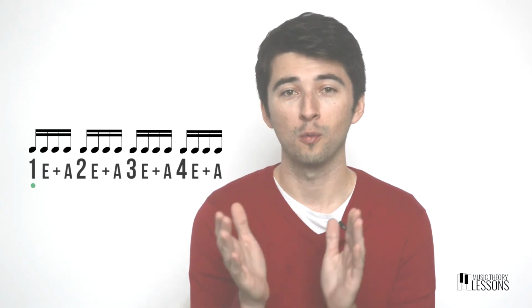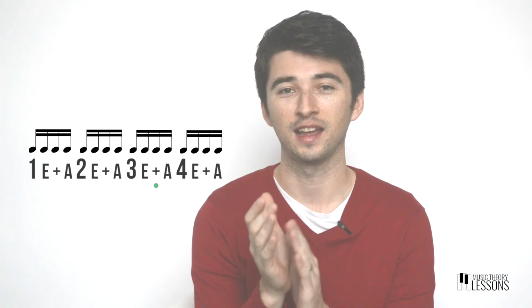Then our 16th notes will sound like this, 1 e and a 2 e and a 3 e and a 4 e and a, which is each beat being divided by 4. When you combine these note durations, you have a creative outlet with infinite possibilities. Well, maybe not infinite, but pretty close.